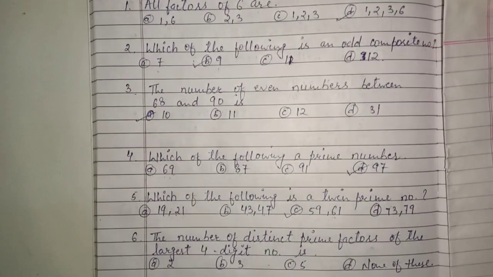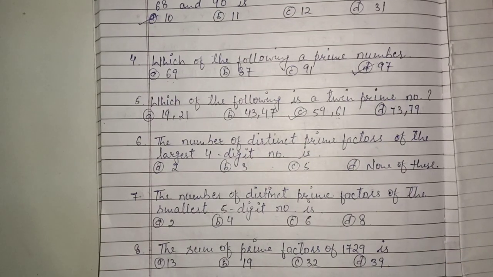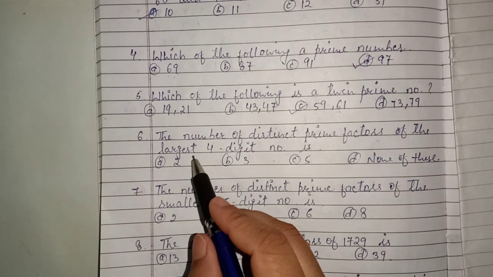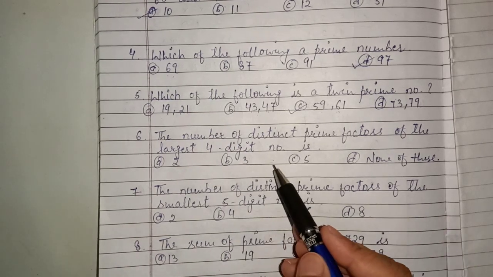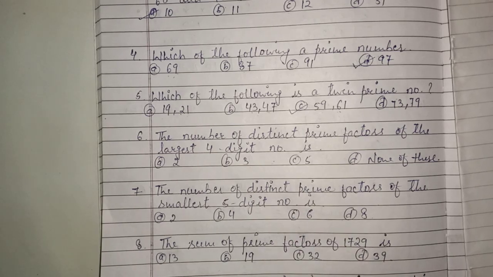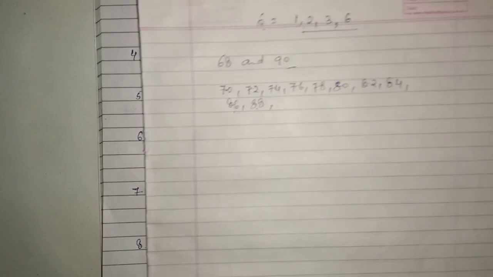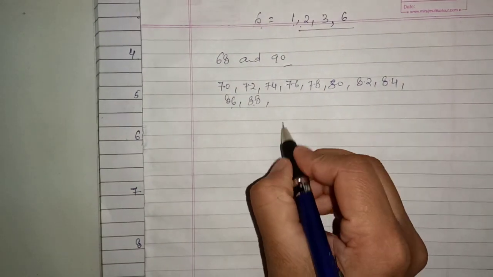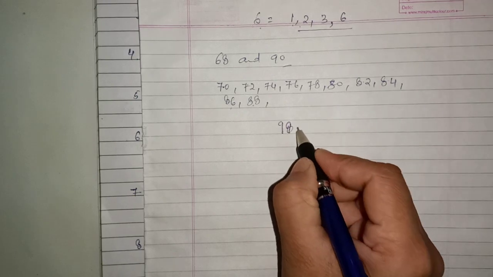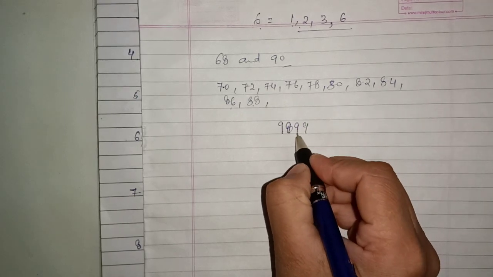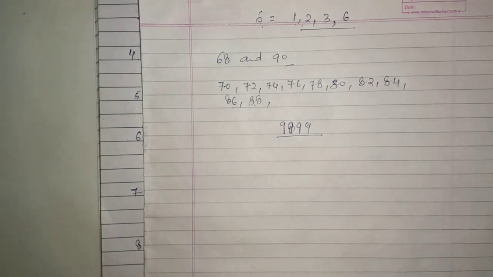So our next question: the number of distinct prime factors of the largest 4-digit number. We will find the prime factors of the largest 4-digit number, and the largest 4-digit number is 9999.